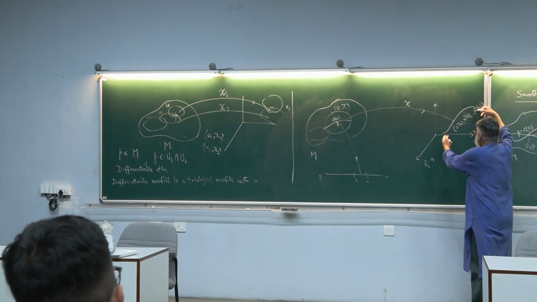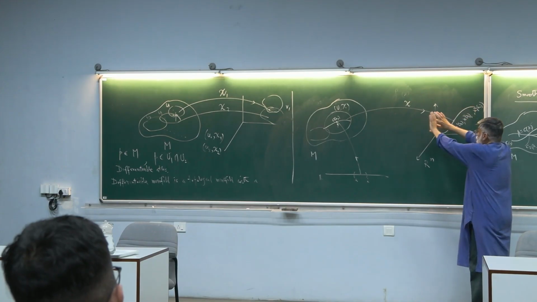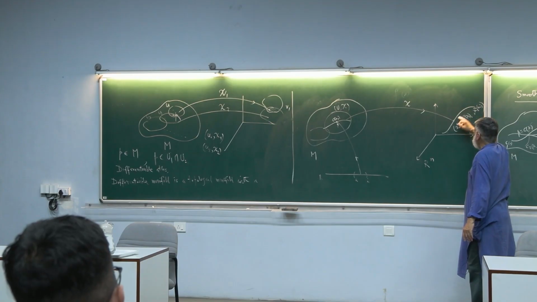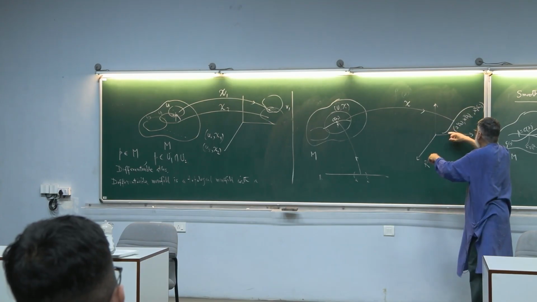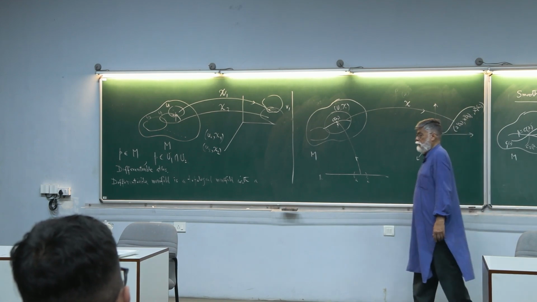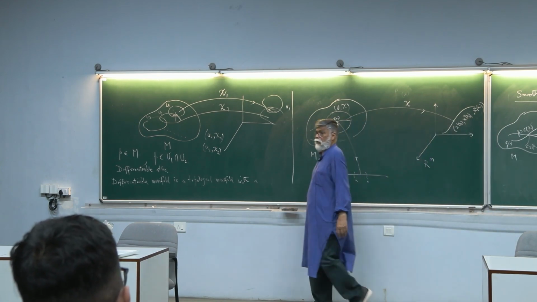And all the points in Rn, it is also a smooth curve, everything is smooth, everything is differentiable. So, this is the image of that abstract curve in the Rn space.